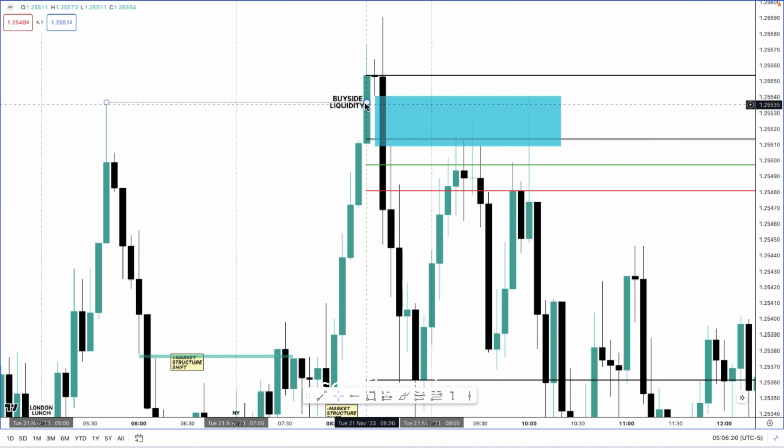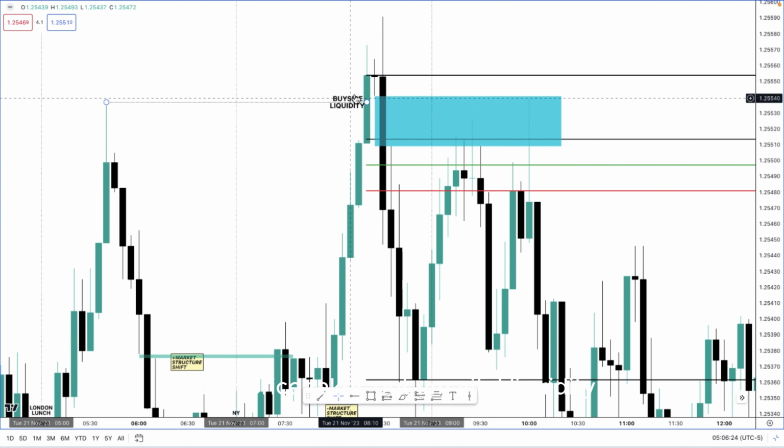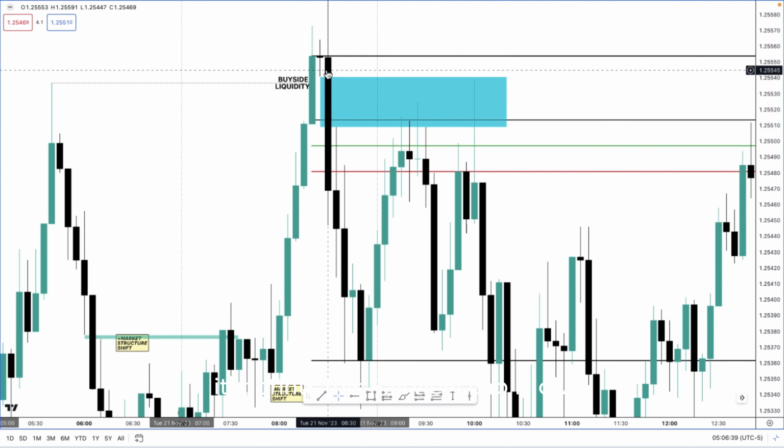So after price takes out buy side liquidity, after price takes out buy side liquidity above this high, what does it do? It prints this fair value gap, this CB.